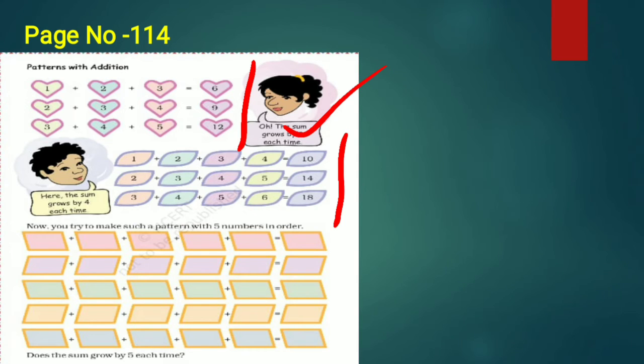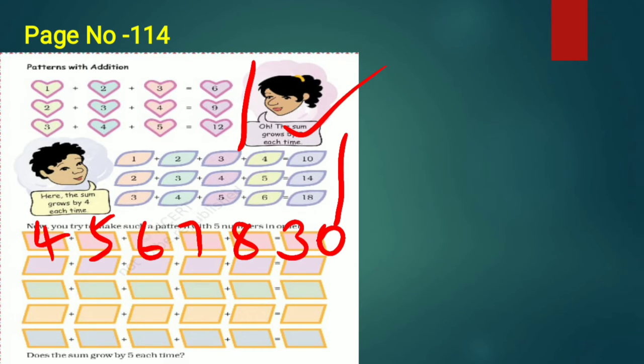So I will be going for the first one. Here 4, 5, 6, 7, 8. If you add all of this, you will get the number 30. Okay, first sum. Second, it is 5, 6, 7, 8, 9. If you add all of this, you will get 35. Yes, right, you are getting 5 more each time.